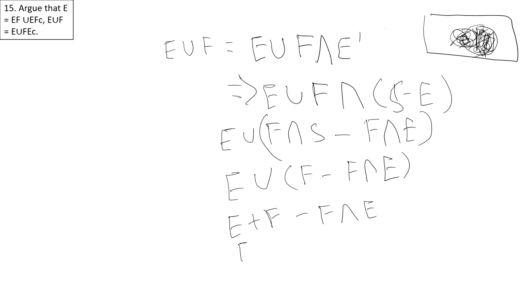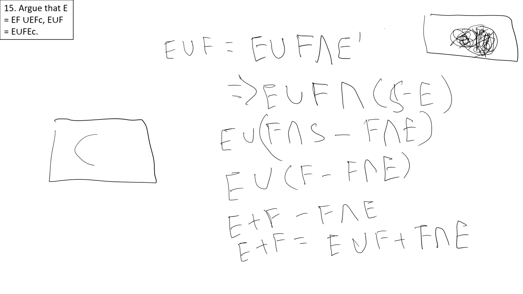Now we know that E plus F is equal to E union F plus F intersection E, because if we take this part, if we do individual addition of these two circles, this section which is common here will be added twice.